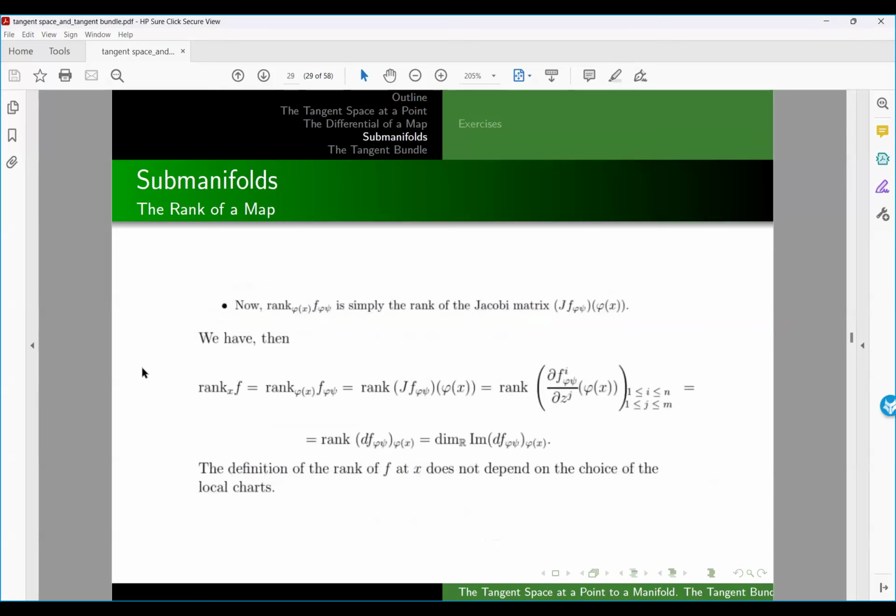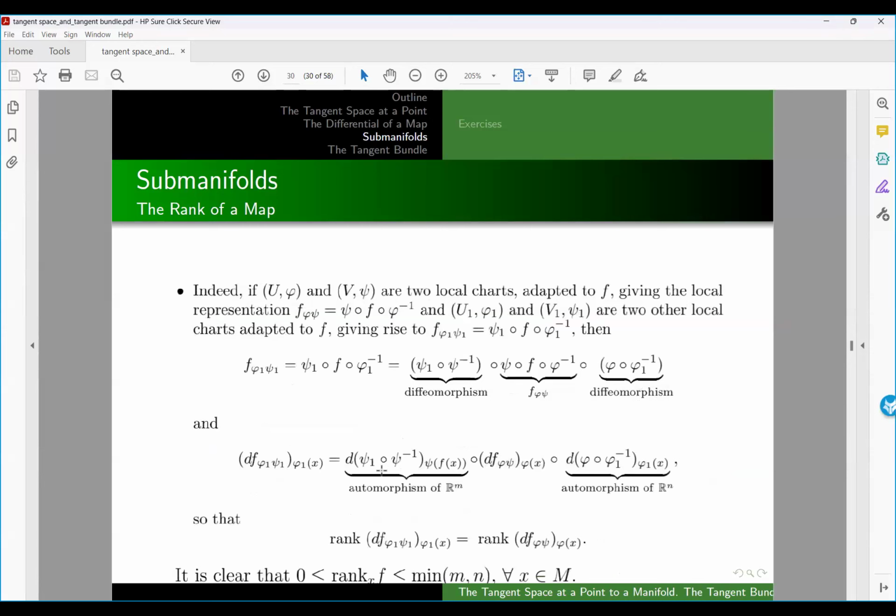Now it can be seen that this is independent of the choice of the local chart, and this simply comes from what I wrote here. You see, the local representation of f in two charts, phi1 and psi1, can be seen as a product of a diffeomorphism, then the local representation of f in the original chart, phi psi, times another diffeomorphism.